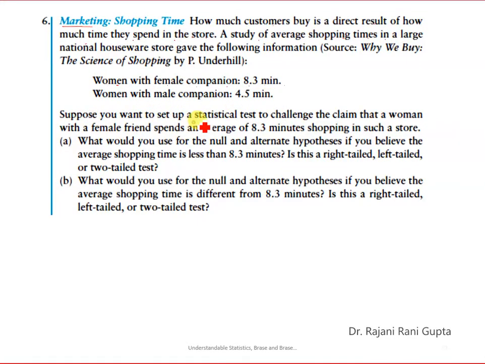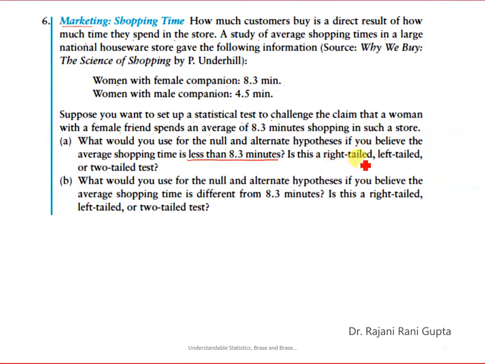Suppose you want to set up a statistical test to challenge the claim that a woman with a female friend spends an average of 8.3 minutes shopping in such a store. Okay, so what you have to do in part A? What would you use for the null and alternate hypothesis if you believe that the average shopping time is less than 8.3 minutes?